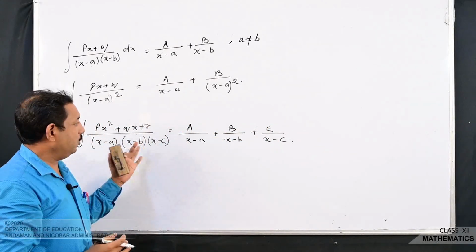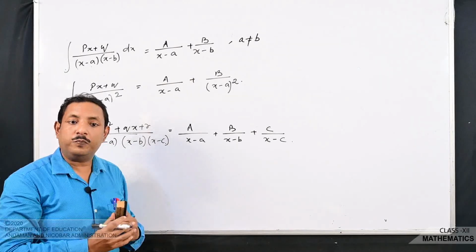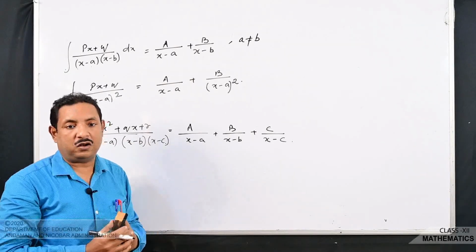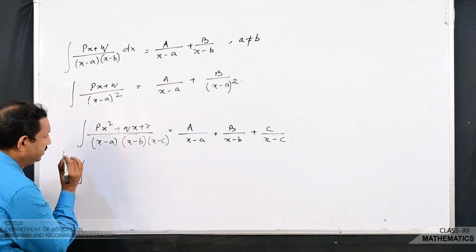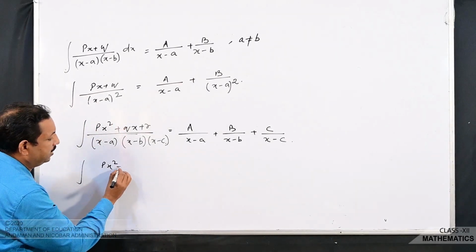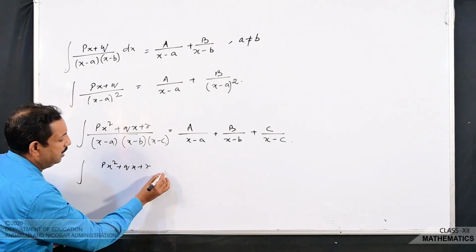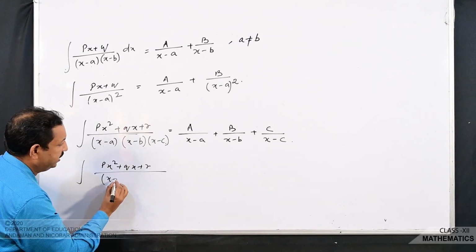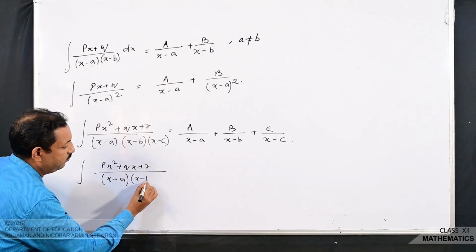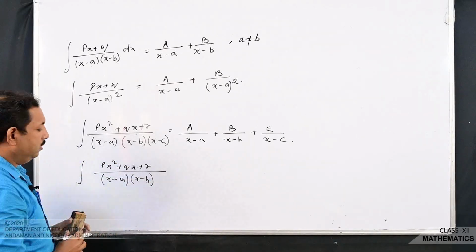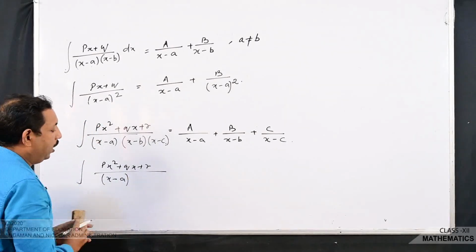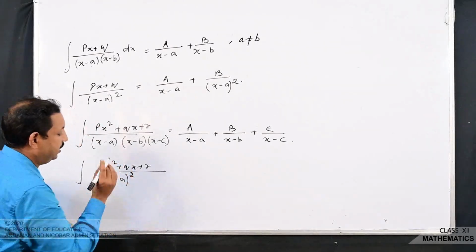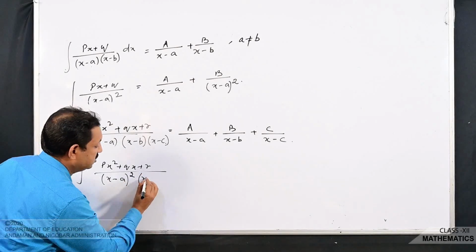In this way, now the question arises, sir, what if it is not splittable or not factorable? Then of course, maybe for px square plus qx plus r there are two distinct factors, and one is repeating, that means x minus a the whole square and x minus b.